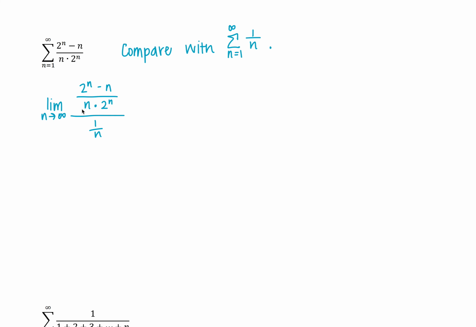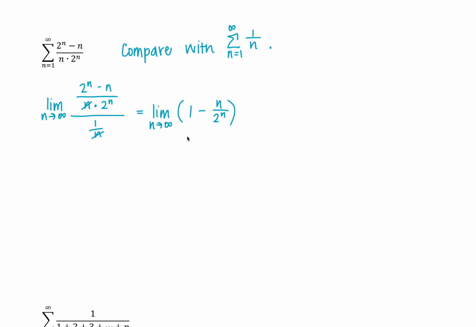And when you do that, it's going to allow you to cancel out these n's. So I'm left with (2^n - n) over 2^n. What I'm going to do is divide that out. 2^n over 2^n is just 1, and then n over 2^n is n over 2^n.